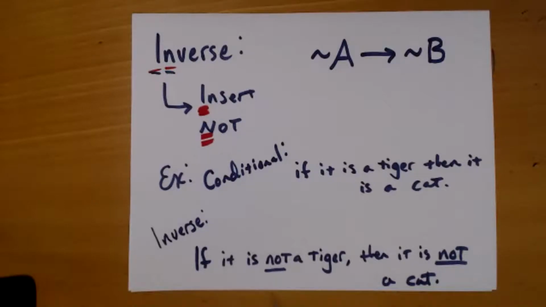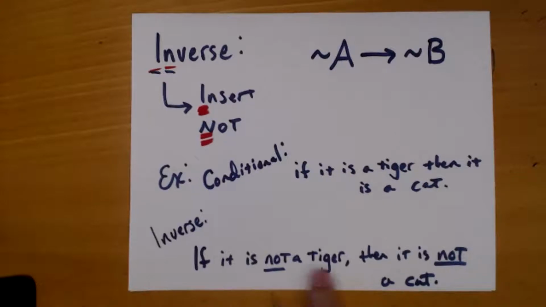Okay, Anthony, I agree with you. That's true. If I'm pointing at something that is not a tiger, then it may or may not be a cat. So let me ask you this question, Tony. Give me a counterexample. Give me an example of something that is not a tiger and is a cat.